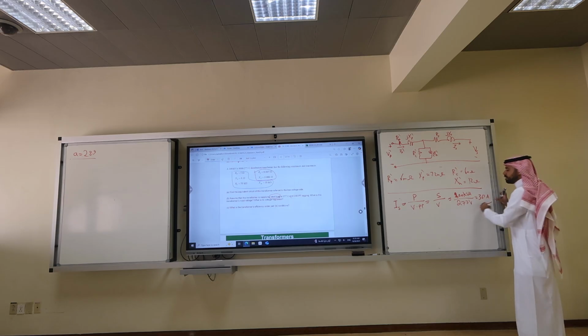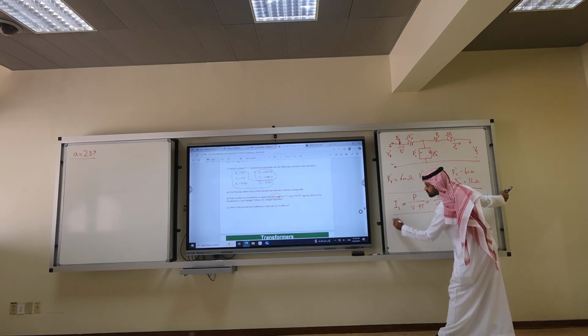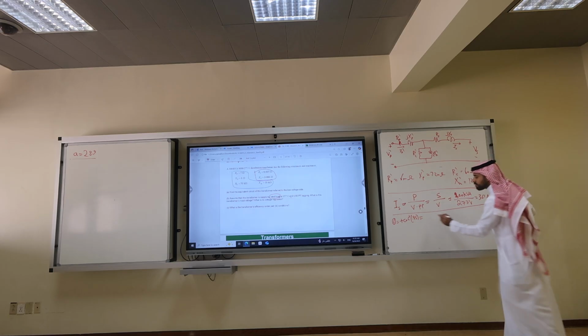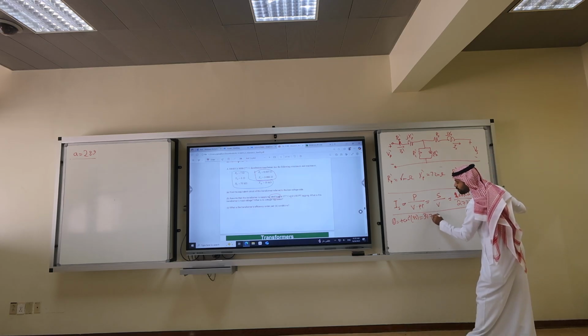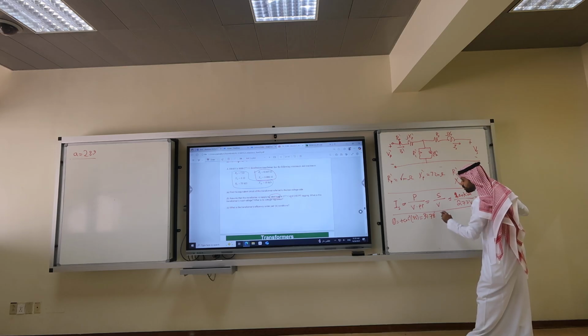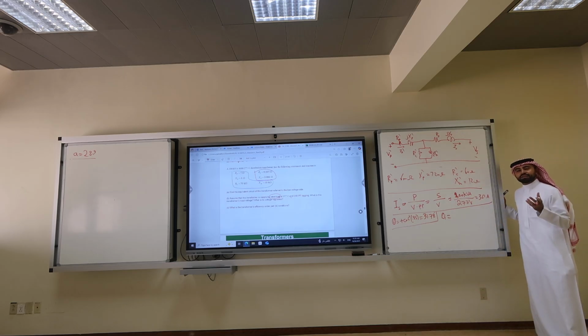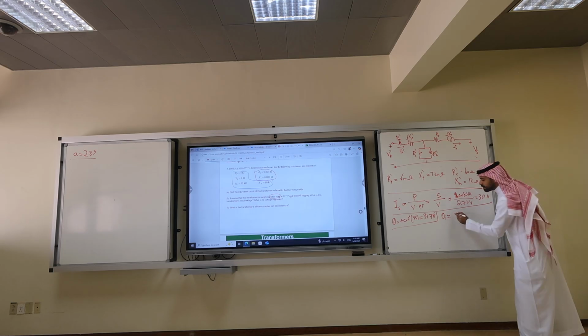361 amps. To get the angle, we are professionals. What is theta? Plus cosine inverse of 0.85. What is this number? That's 31.78. Not only that, what is theta I? What is my reference, theta V? The 277 angle 0 at the load side. 0.